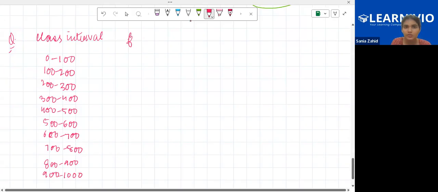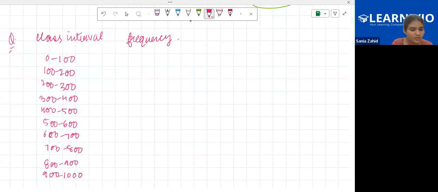And frequency is also given to you directly. You don't have to calculate much. Frequency is 2, 5, x, 12, 17, 20, y, 9, 7, and 4.